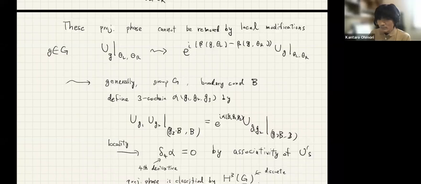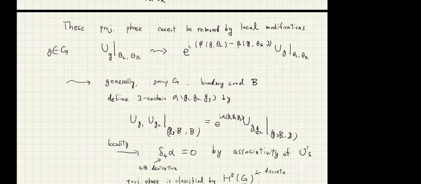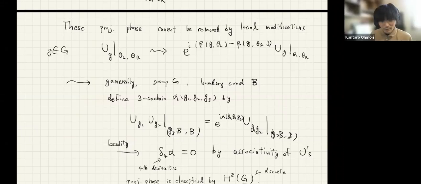In higher dimensions, of course, you need to consider higher order group cohomology. If that's the question, then yes, the classification is by higher order. For example, H4 is going to classify the violation of associativity, something like that. Yes, that's the violation of the pentagon identity. That's true.